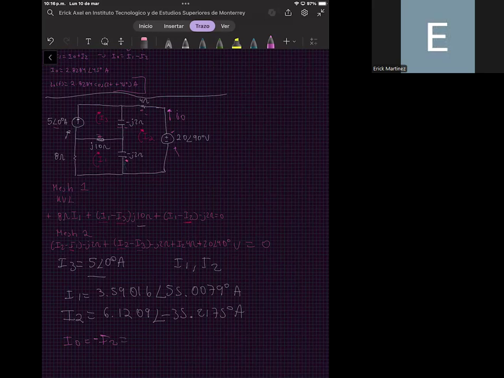So if we substitute this value of I2 in this equation, we will see that I sub 0 is equal to 6.12019 with an angle of 144.7824 degrees, and these are amperes. And this is the result.